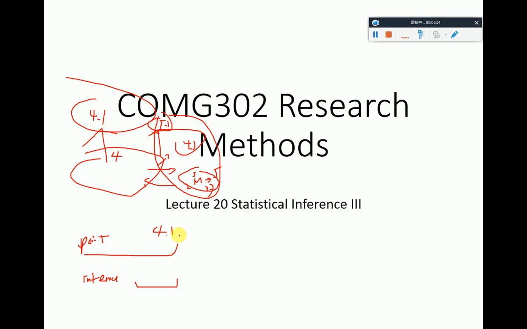So this part is done. But as we just saw, there will be lots of uncertainties around making guesses from one sample. If you draw a different sample, you will likely have a different mean. So that means there are uncertainties about this point estimate.